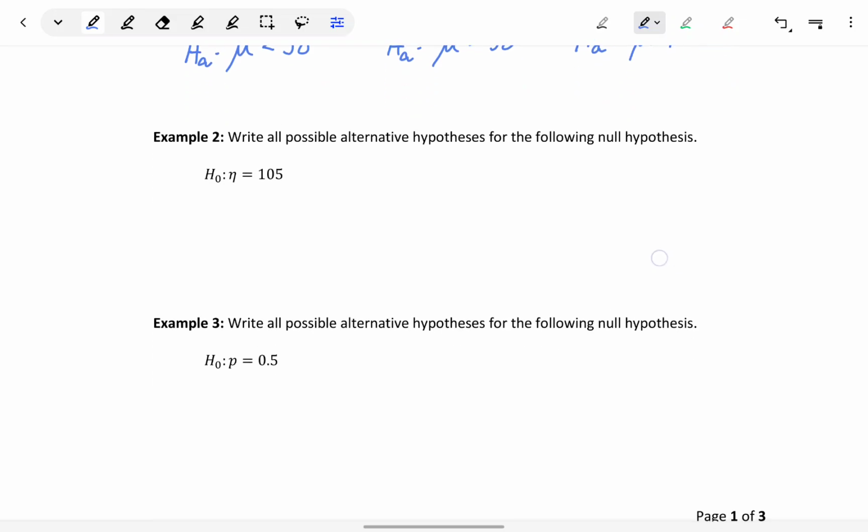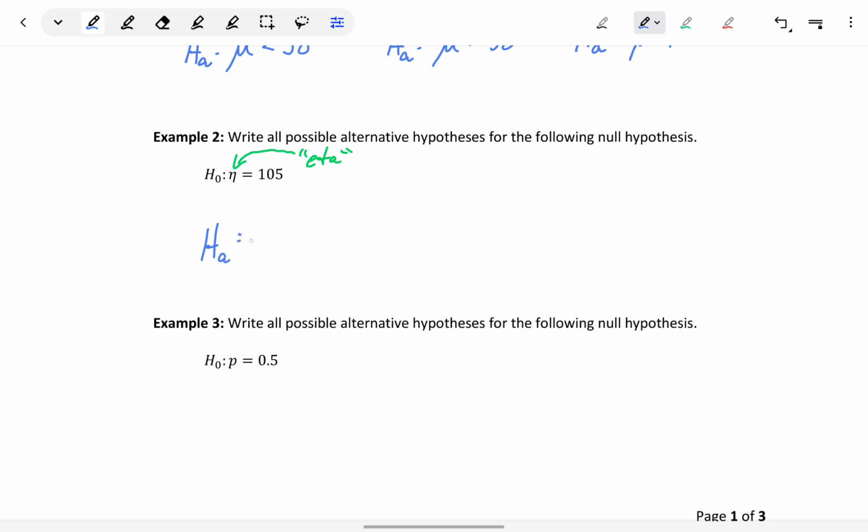We want to do the same thing in example 2. We want to write all possible hypotheses for the following null hypothesis, which states that eta, or the population median, is equal to 105.